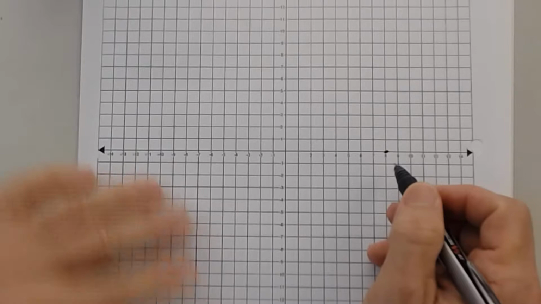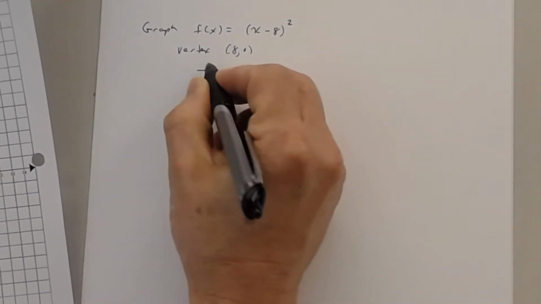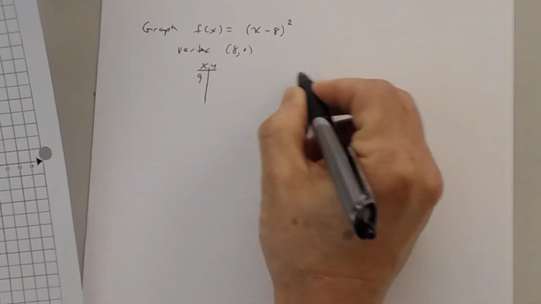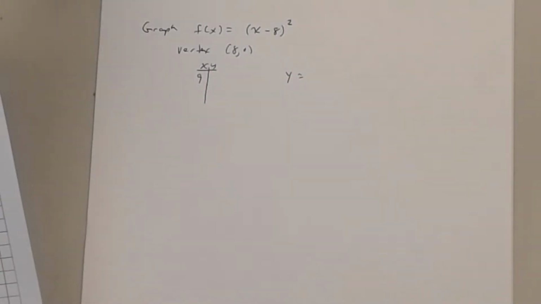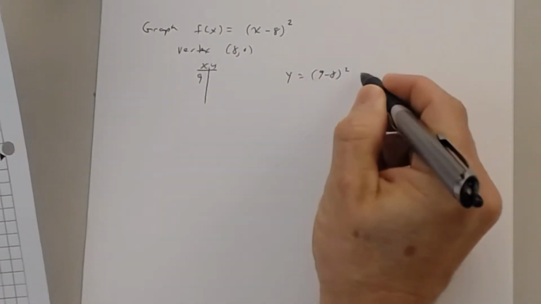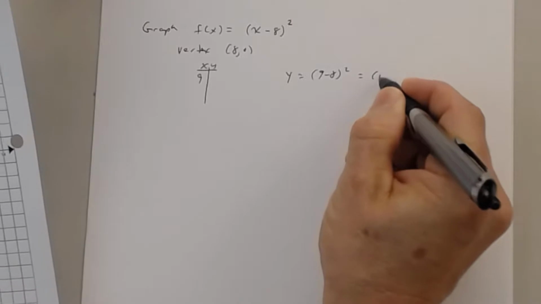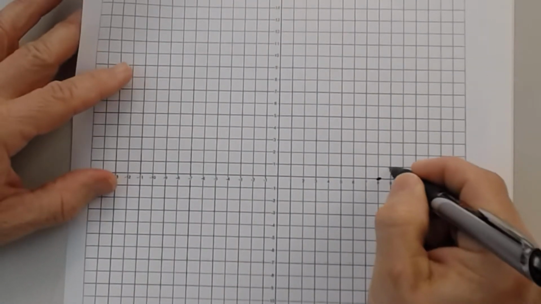Okay, so x is 9, so then we use a t-table. Remember, f(x) means the same thing as y. So y equals 9 minus 8 squared. What's 9 minus 8? 1 squared is 1. So I plot the point (9, 1). Use symmetry.